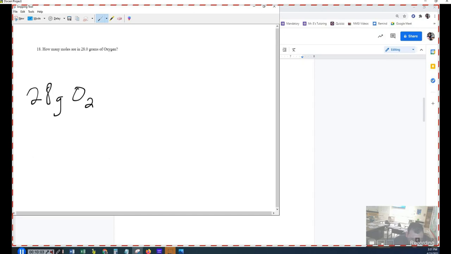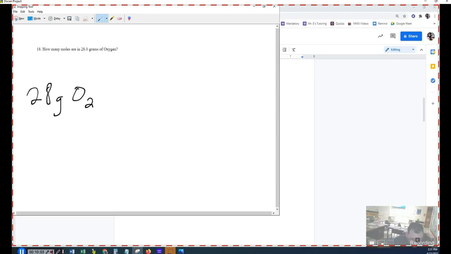Let me see how I did this example on my notes. I'm kind of wondering if this is O or O2.